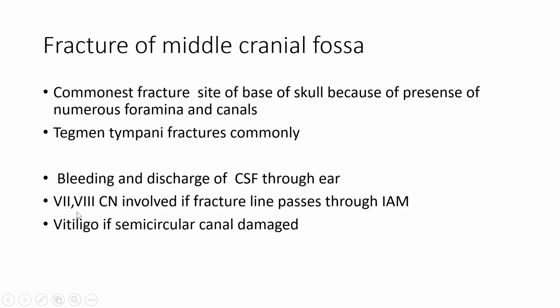The 7th and 8th cranial nerves may also be involved, because when the petrous temporal bone is fractured, it may involve them. If the internal acoustic meatus is involved, then these 2 nerves will also get damaged, and vertigo will happen in cases of middle cranial fossa fracture if the semicircular canal is also damaged.